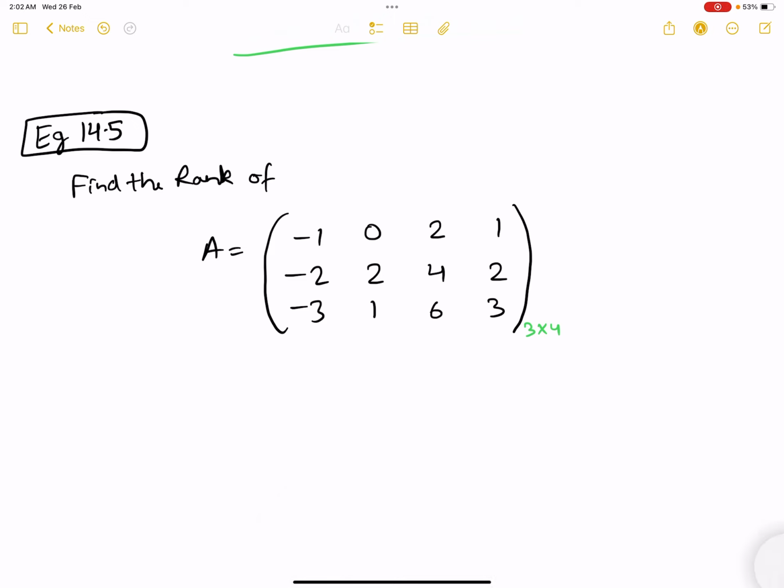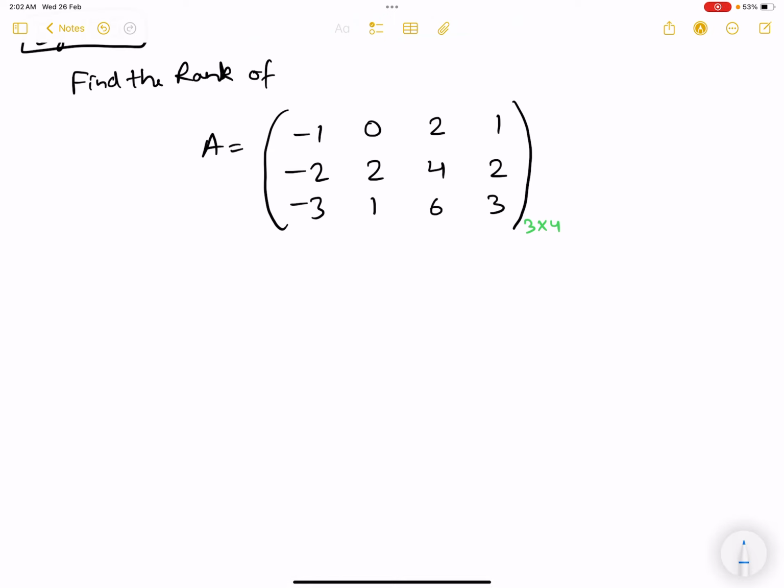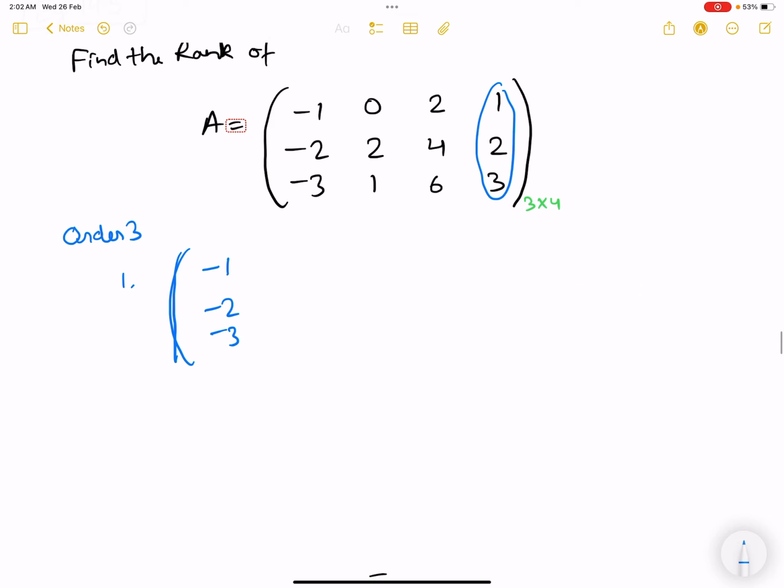Now we know that we'll get minors of order 3. The first one would be -1 -2 -3, removing the last column, 0 2 1 2 4 6, and we will check whether the determinant is coming out to be 0 or not.